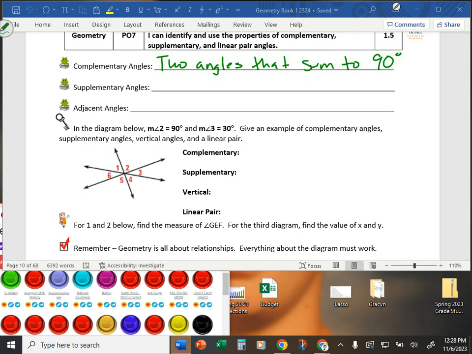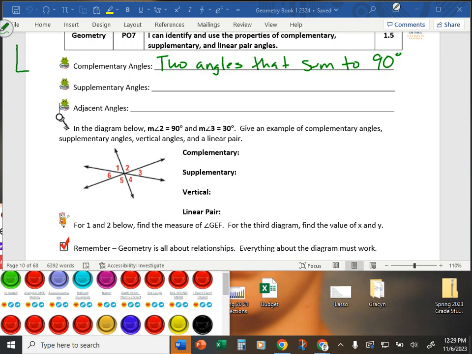I sometimes joke with kids, if you can add to 90, 180, and 360, geometry is going to be easy, because there are a lot of recurring numbers. We saw this with right angles, now complementary angles. 90 is a big part of it. Complementary angles are two angles that sum to 90 degrees. They do not have to be adjacent.